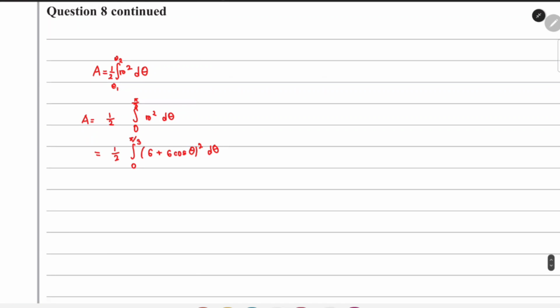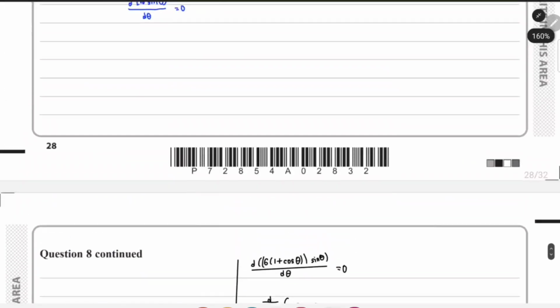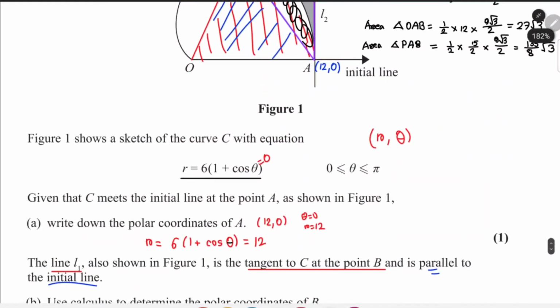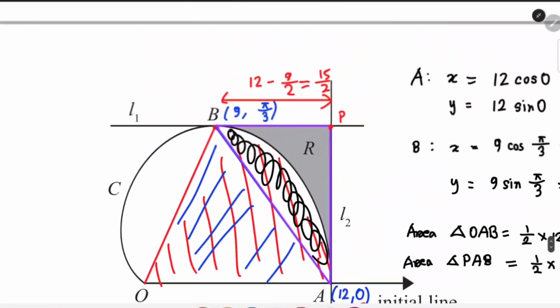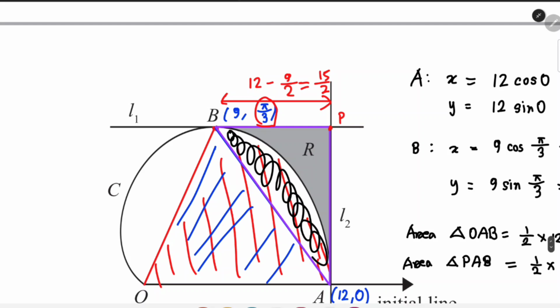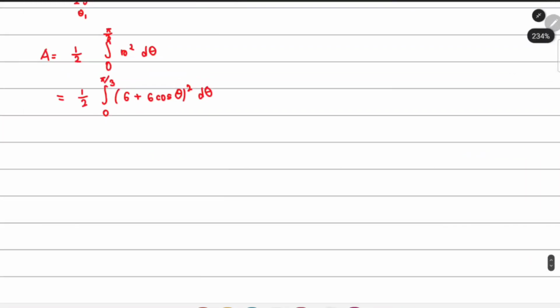In this case, the limit theta 1 to theta 2, if we look at the graph here, theta 1 is the angle at A, which is 0, and theta 2 is the angle at B, which is pi by 3. So we put those values over here.